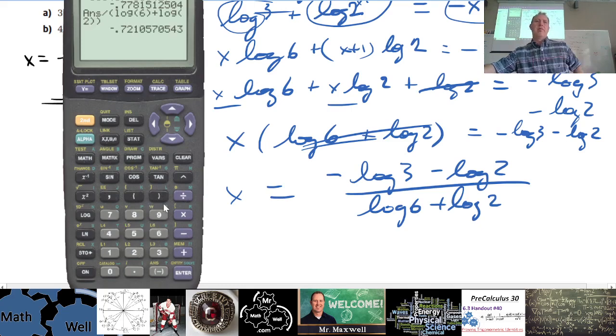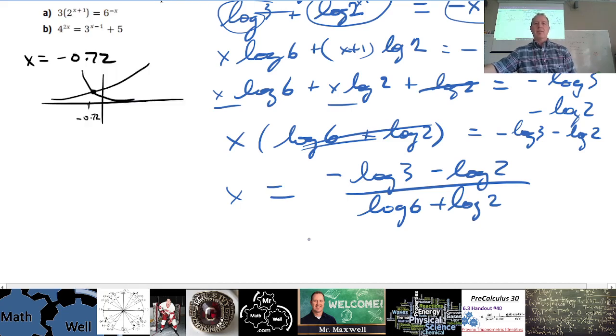There you go, negative 0.72, and that's almost exactly the same as what we calculated for our intersection point. So negative 0.72.